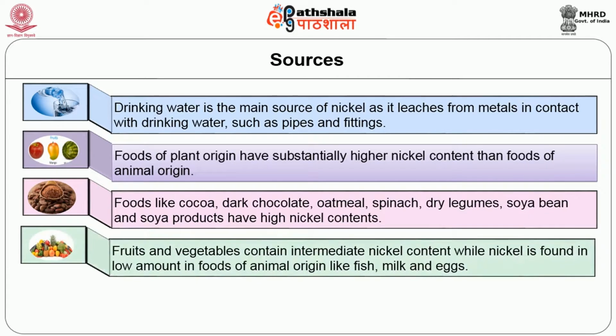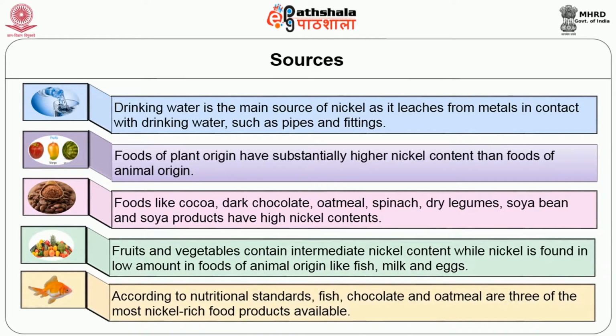Fruits and vegetables contain intermediate nickel content, while nickel is found in low amounts in foods of animal origin like fish, milk and eggs. According to nutritional standards, fish, chocolate and oatmeal are three of the most nickel-rich food products available.